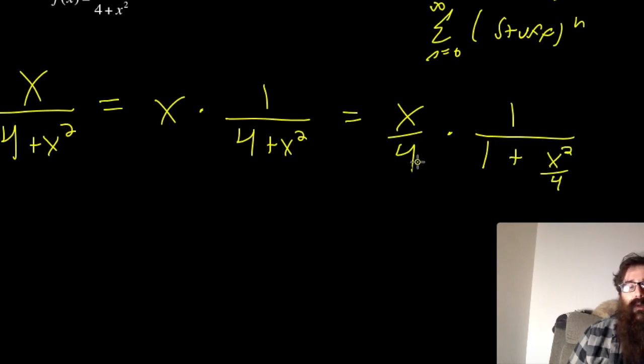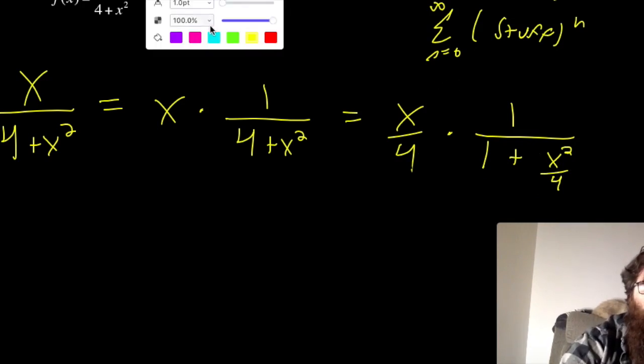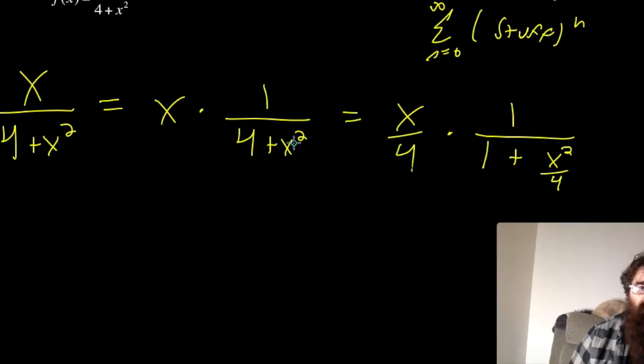You can think about how this works when I distribute the 4 back in. 4 times 1 is 4. Here the 4 over 4 cancels. Or if that's difficult to see, we could go to x squared and multiply cleverly by 4 over 4. Now I can factor that 4 out, and I'm left with x squared over 4. Another way to look at it.